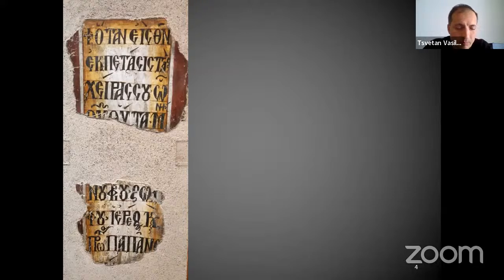This is an inscription from the middle of the 16th century, and it is kept in the museum in Kastoria. And the name of this painter is Onufrius. So he decorated churches in Albania and Northern Macedonia.